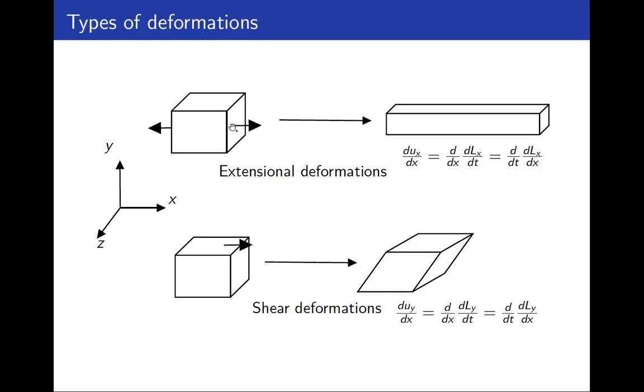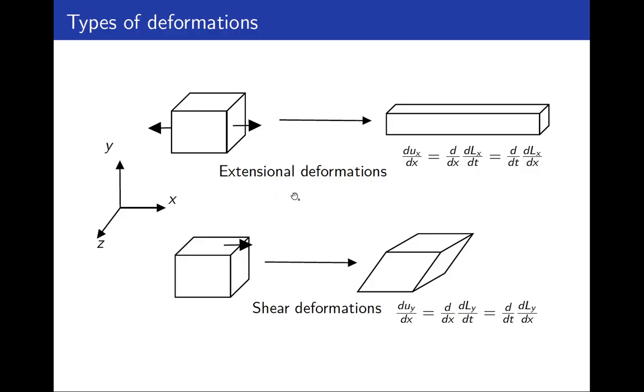This force will stretch the fluid in the x direction. I might also apply a force on the opposite surface, in the opposite direction, so I'm causing a stretching of the control volume. The new configuration of the material is going to be this one.